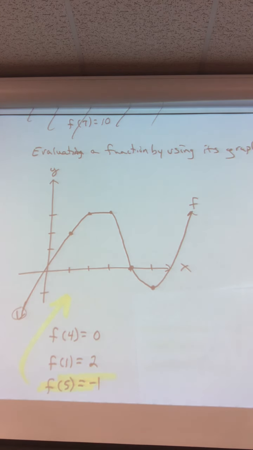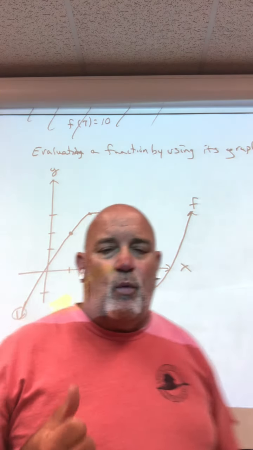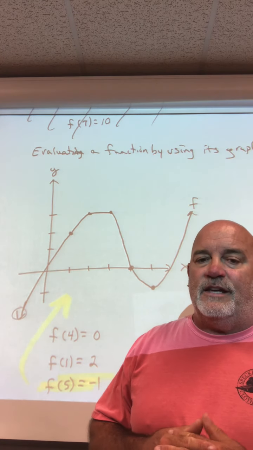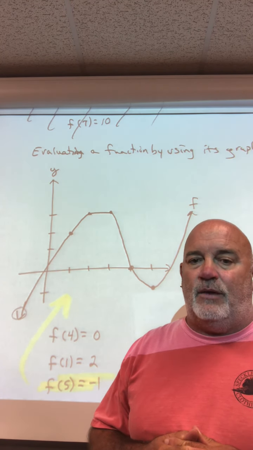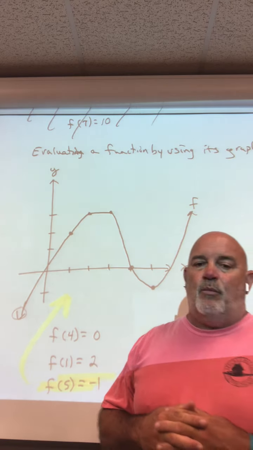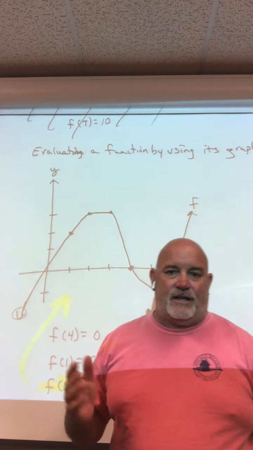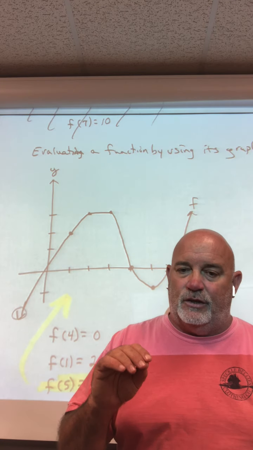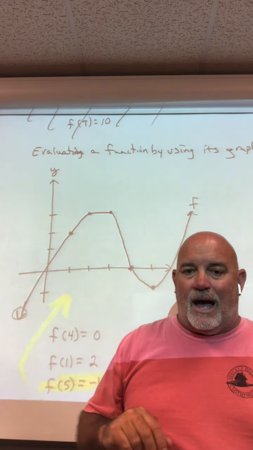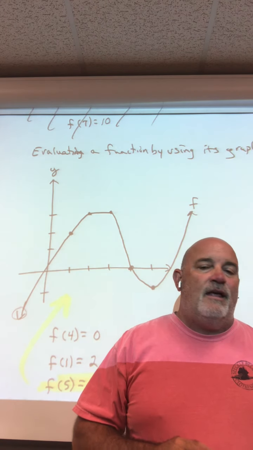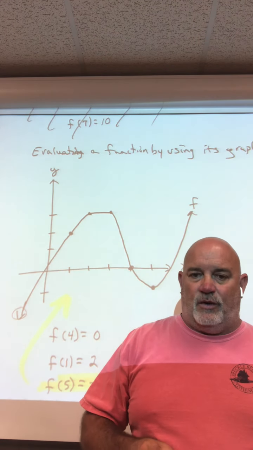Okay, the last thing I want to do, and it'll close out this video and this section, is this. You'll have 1 or 2 problems in your homework where it says, where is the function increasing, where is it decreasing, and where is it constant? Now, it's real easy to talk about. Remember, your function is when you solve it for y. So whenever it says where is the function increasing, that means where is y increasing.